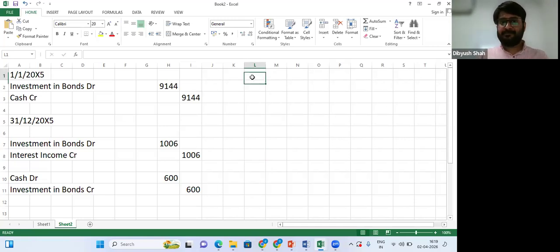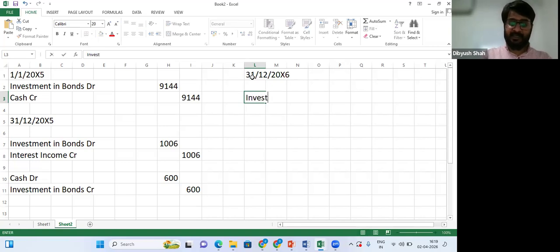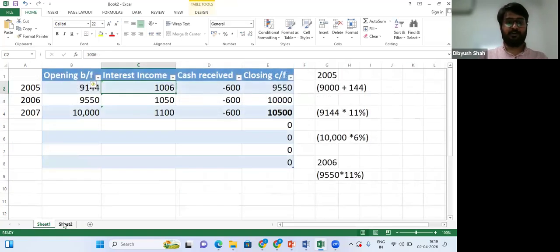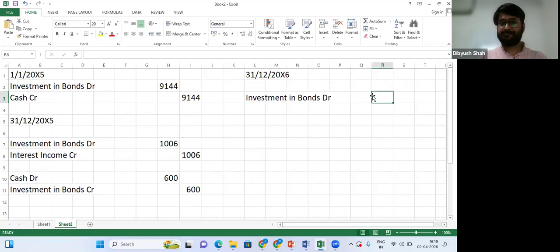Next year, opening entry is not required, only two entries. First, for interest, same thing. That's why I'm adding it, because it is increasing the carrying value. So investment in bonds, debit. What was the interest amount? 1,050.